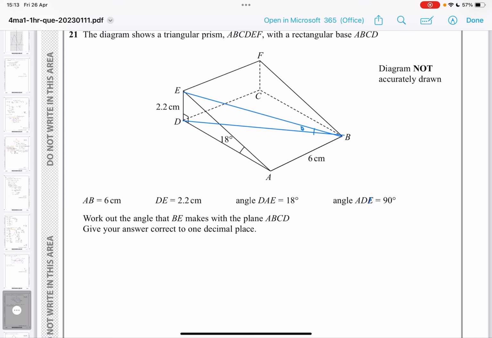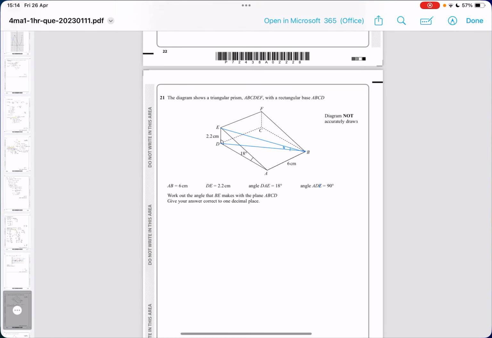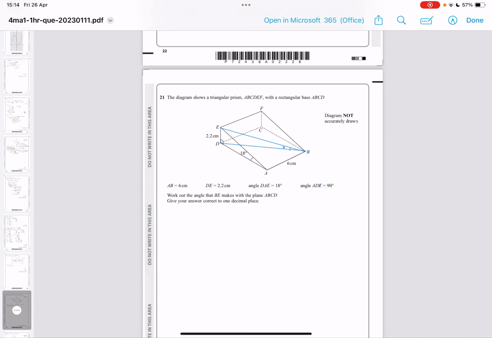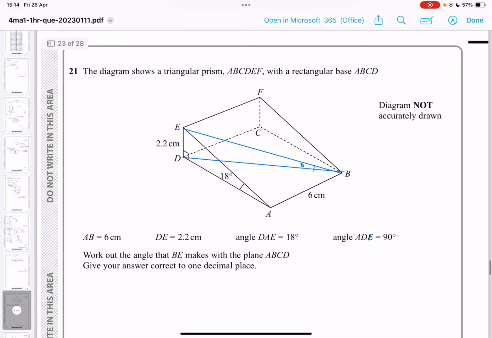So I've already drawn out the angle that we need to work out, but let me just explain why that's the angle I've chosen. It says work out the angle that BE makes with the plane ABCD.